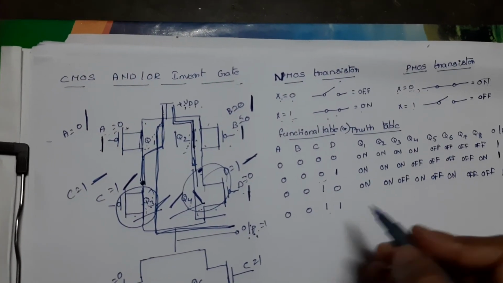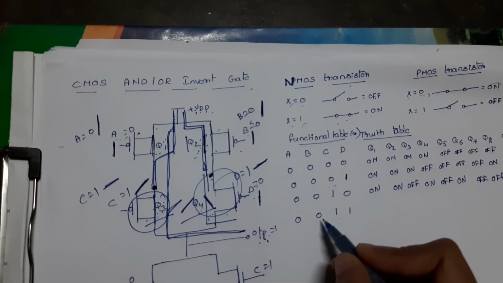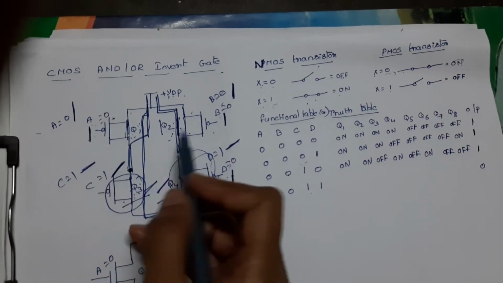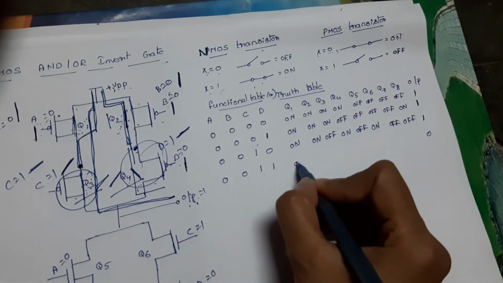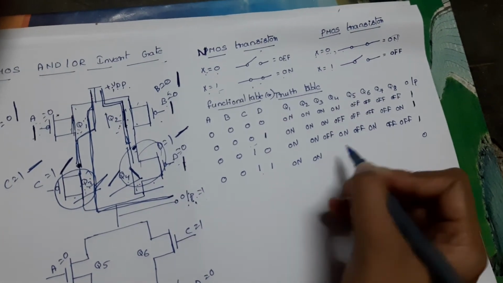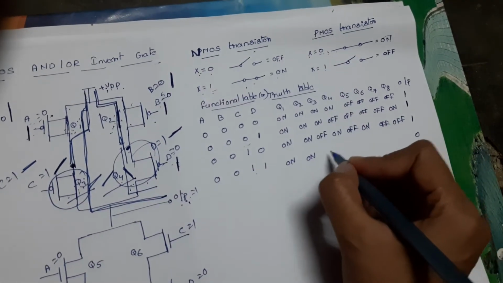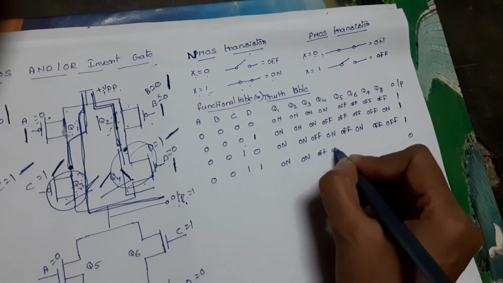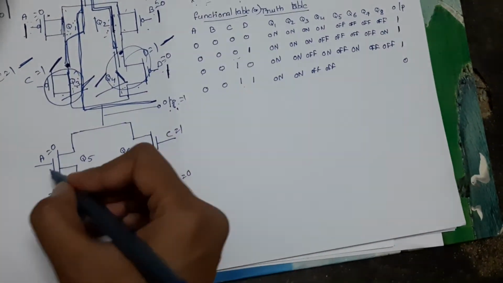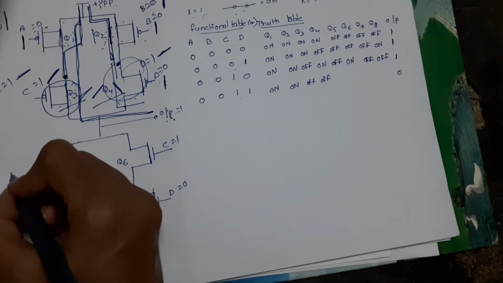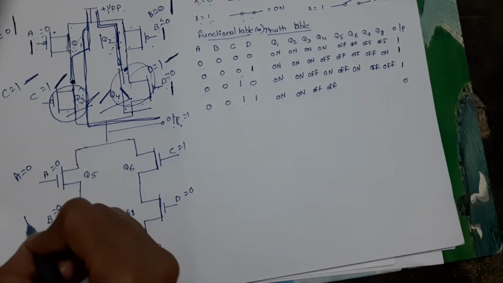So let us write the conditions. A is equal to 0, B is equal to 0. So Q1, Q2 transistors are in which condition? On condition. Q1, Q2 are on. So Q3, Q4 are off state. So coming to the NMOS transistors, A is equal to 0, B is equal to 0.